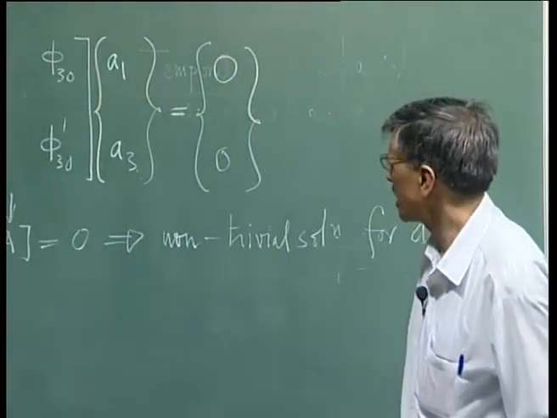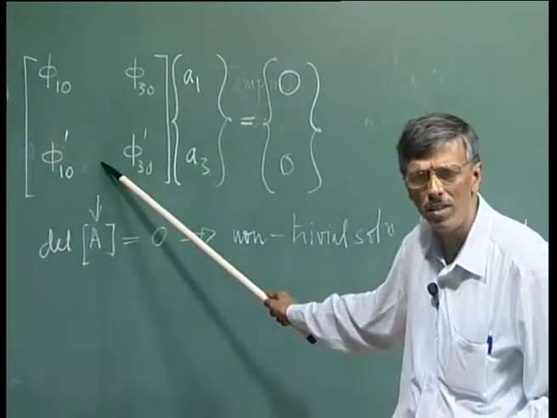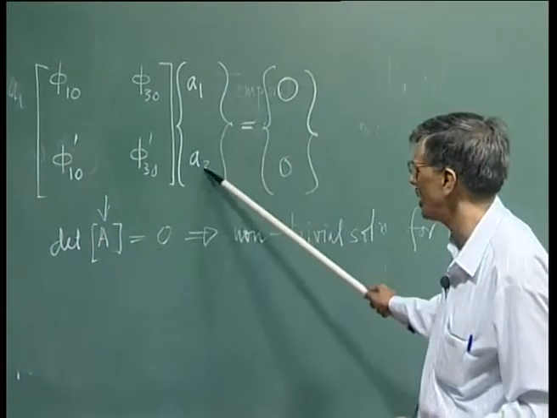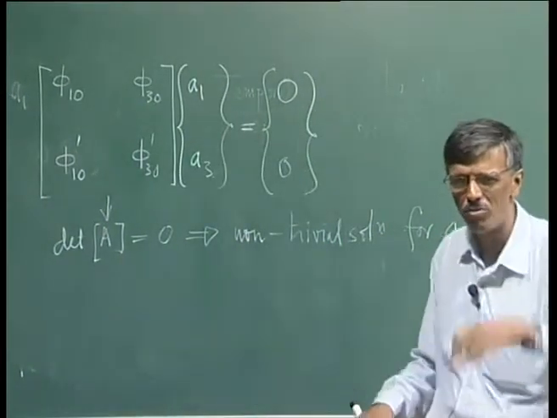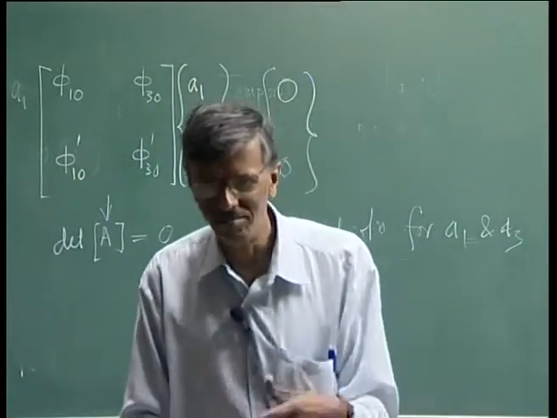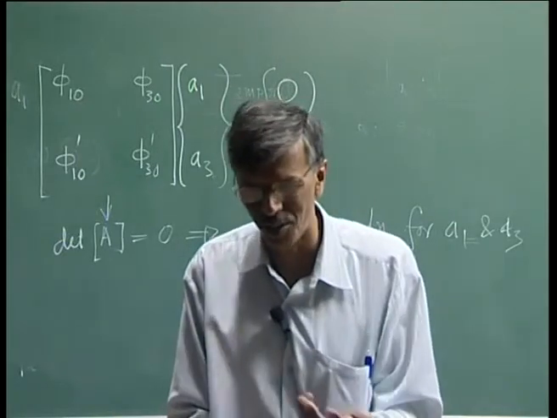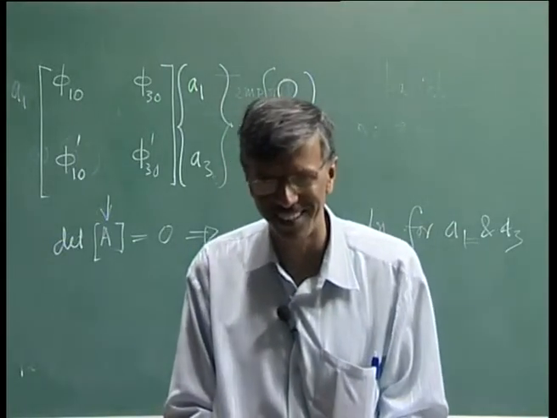You understand what it is. Basically, if it is singular, then you get the A1 A3 vector as a 0 by 0 form, and by L'Hopital's rule you can get a non-trivial solution. 0 by 0 does not mean 0, right.